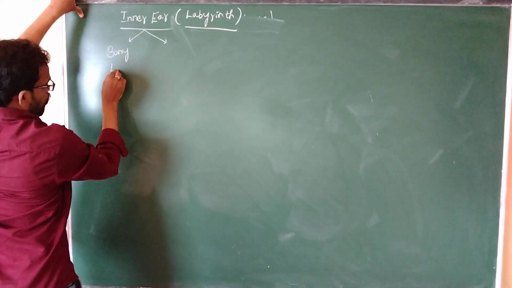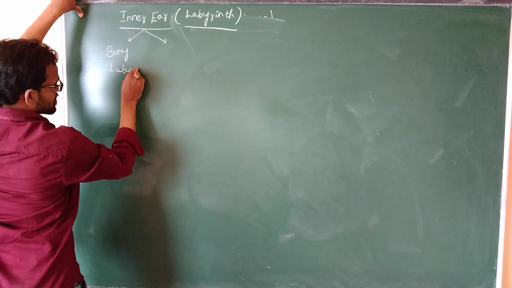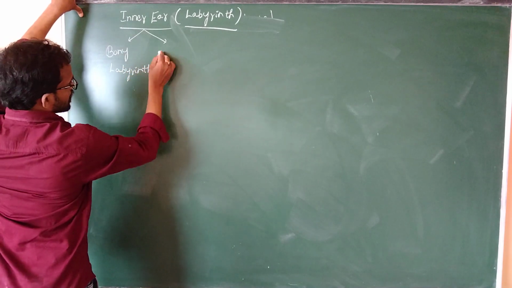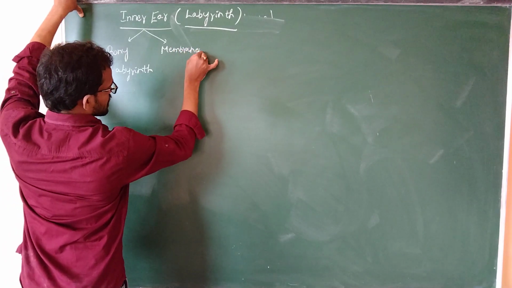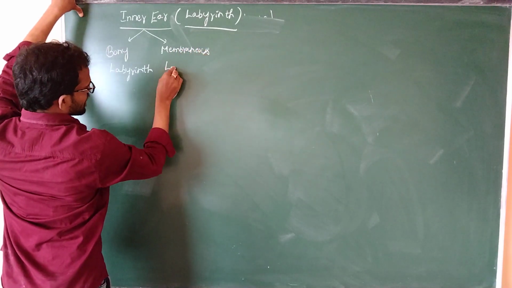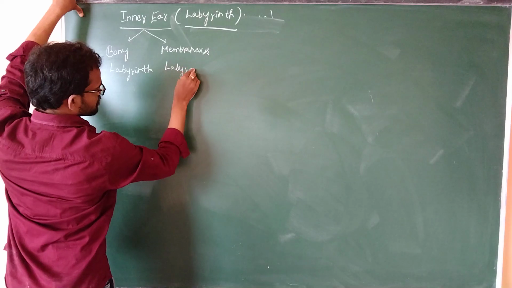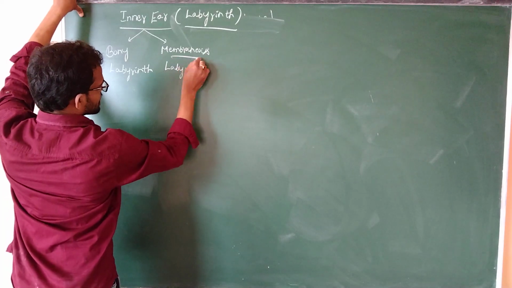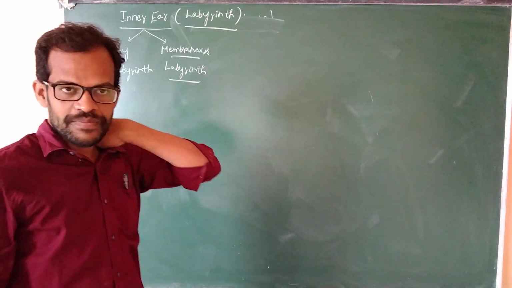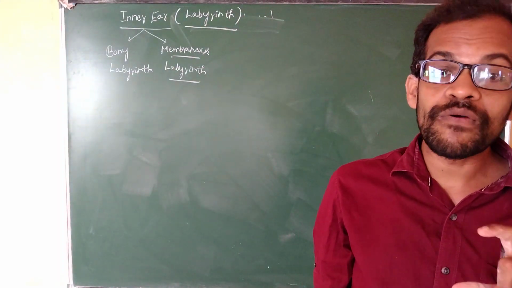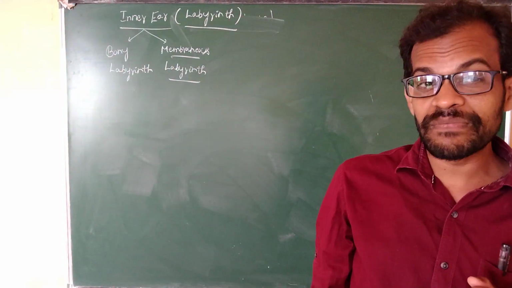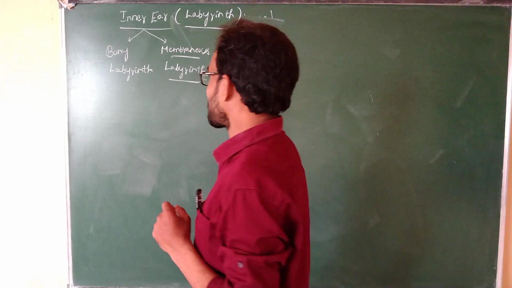Bony labyrinth and membranous labyrinth. If you observe the inner ear, the outer part is made up of bony labyrinth and the inner part is made up of membranous labyrinth.